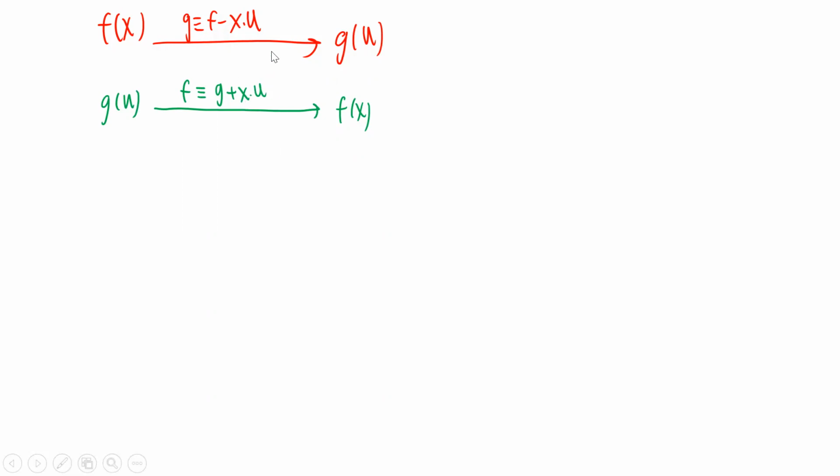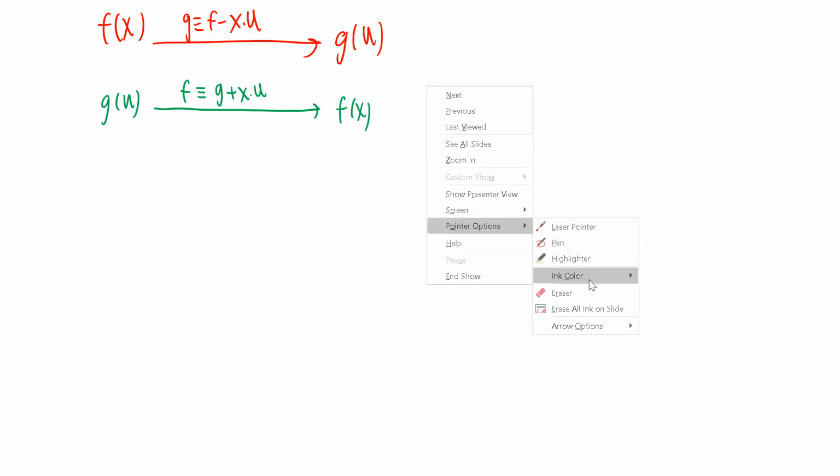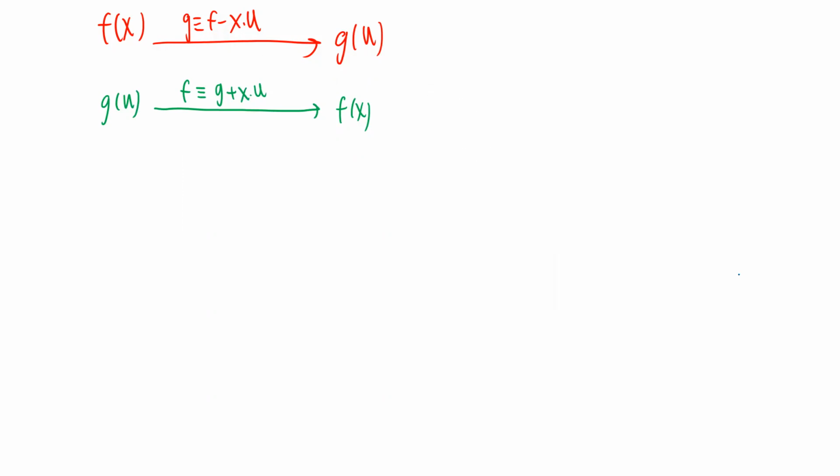There's one change I would like to make here. It is just a convention. Instead of calling g to be f minus x times u, we will be adding a minus sign in front, so g is x times u minus f.